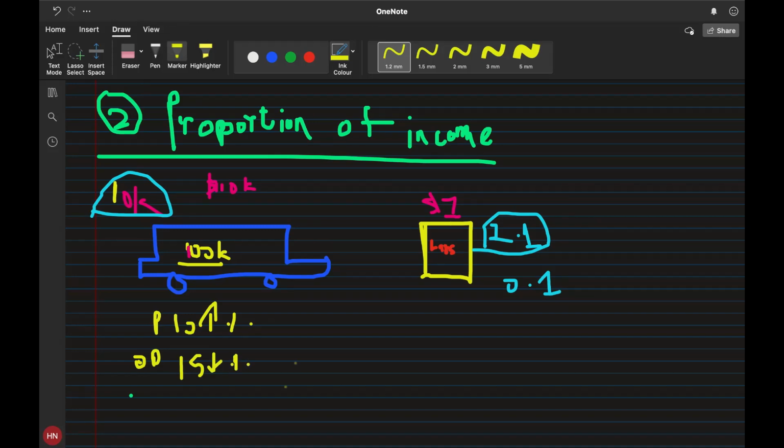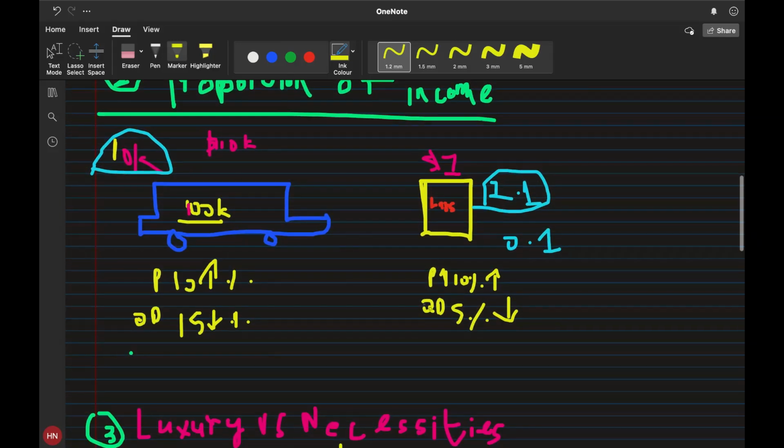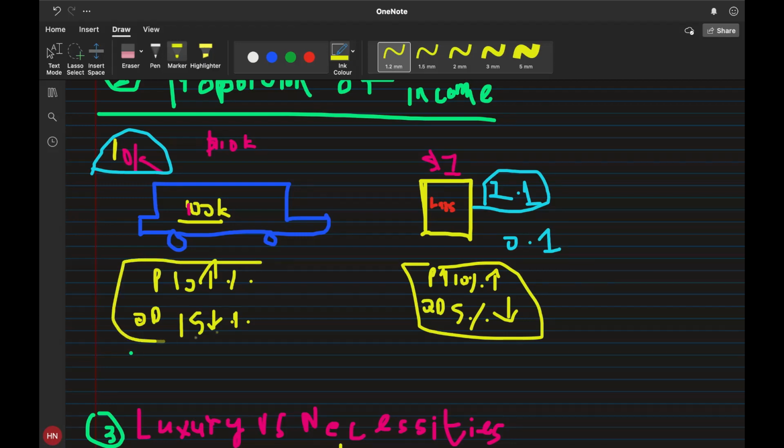In the case of Lay's, however, the price is going up by 10% again, but since the change in price is very small, the change in QD will be any value less than 10%, which makes the demand more inelastic. So that's around 5%. So this makes the demand more inelastic. This makes the demand more elastic.